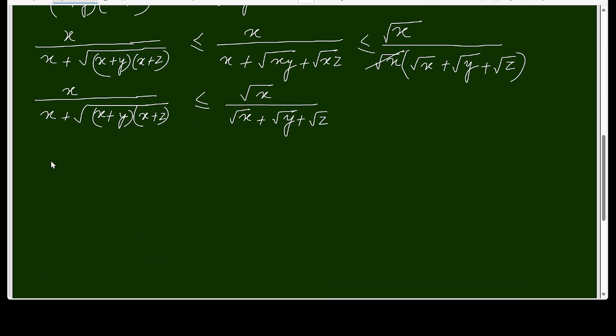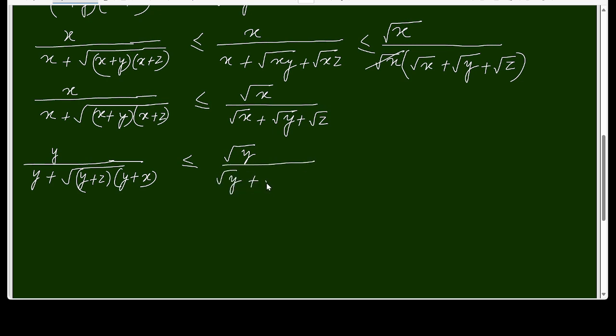Coming to the second term, y over y plus square root of (y plus z)(y plus x), you can write using the symmetry, it will be less than or equal to square root of y over square root of y plus square root of x plus square root of z.